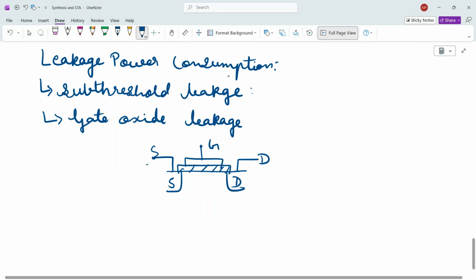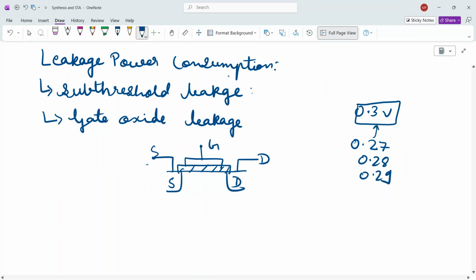What is subthreshold leakage current? For example, my threshold voltage is 0.3 volt. But what happens at around 0.27 or 0.28, 0.29? Still the voltage has to reach 0.3.